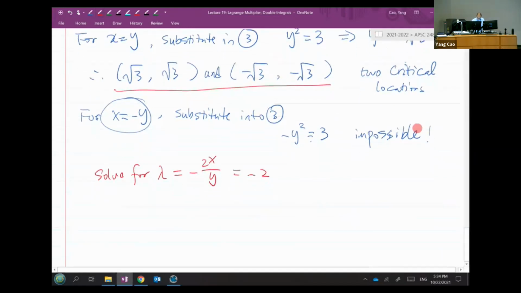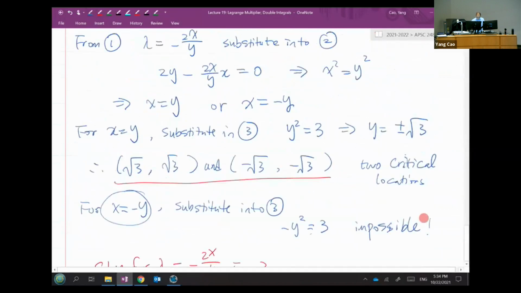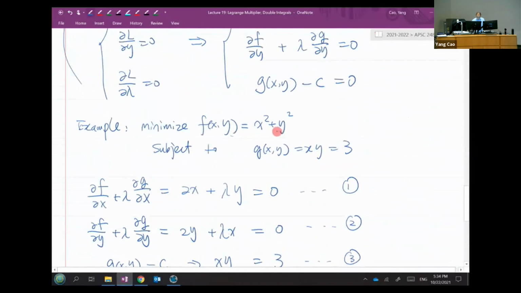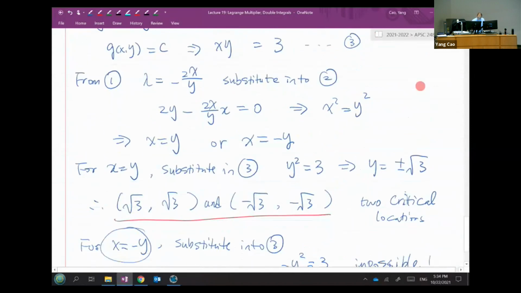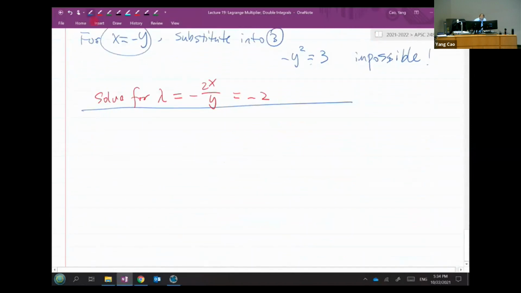So finally, we should see some questions. What is the minimum value given this constraint? Because the question is trying to minimize this function subject to the constraint. So what is the minimum value at the end? You can calculate the minimum value for f of x, y equal to x squared plus y squared.